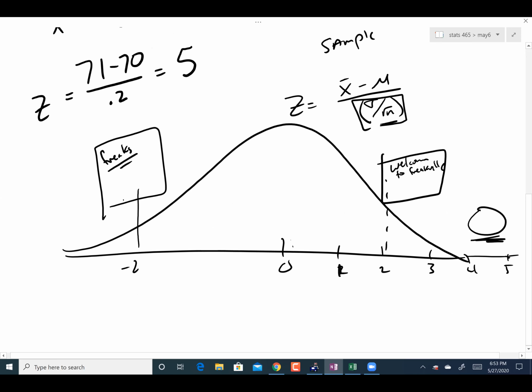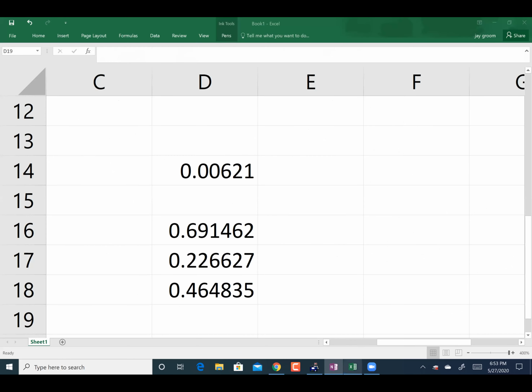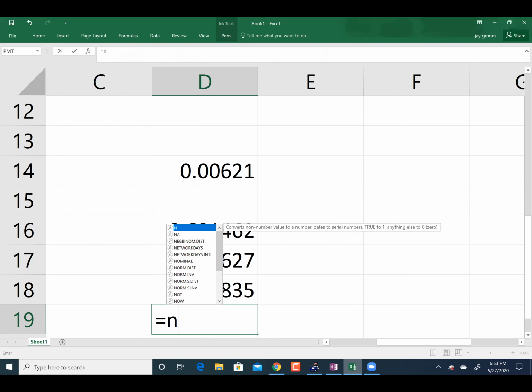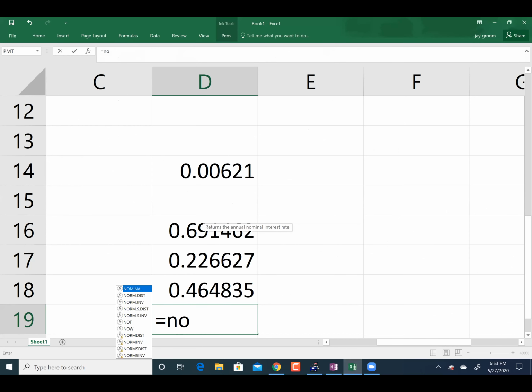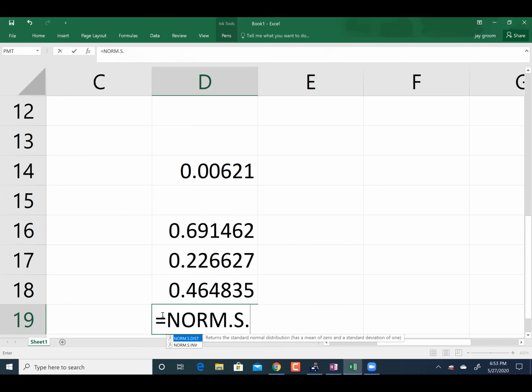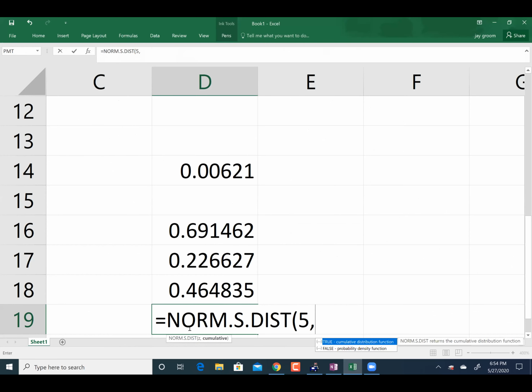And again, how would I figure that out? I would take my computer here and I would say equals norm.s.dist. That's the wrong one. .dist. And I'm going to put in 5, 1.